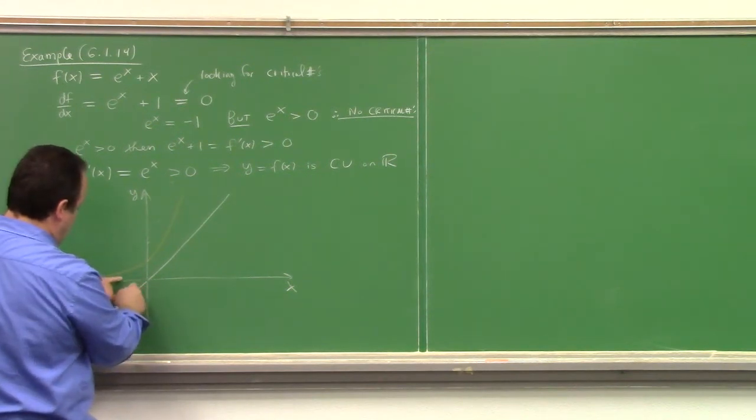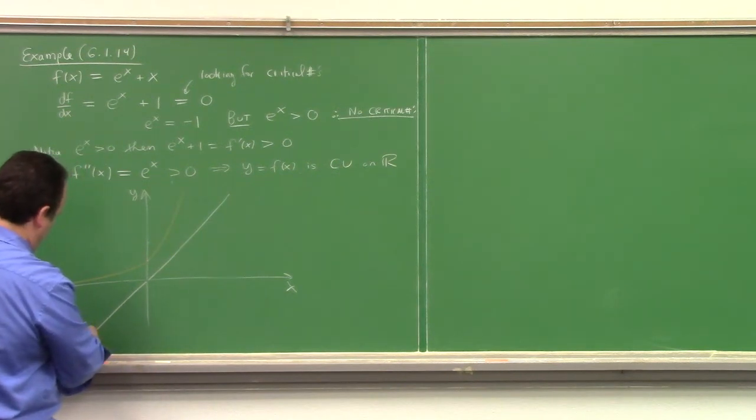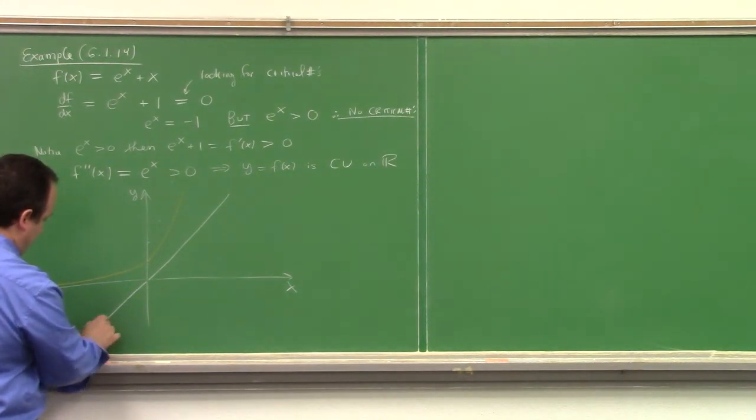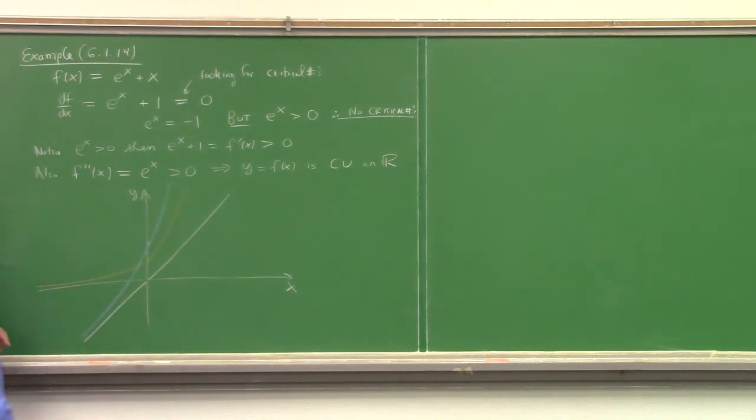Let's see here. It's going to asymptotically go to the line y equals x down here. So crudely speaking, it's that blue line. Let me put it in words: y is approximately equal to x for x much, much less than 0, because e to the x goes to 0 as x goes to minus infinity.